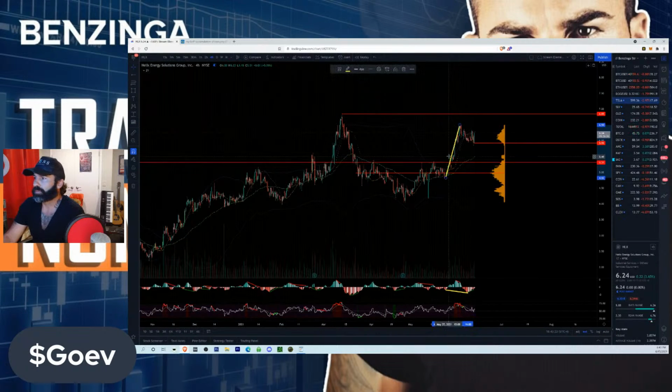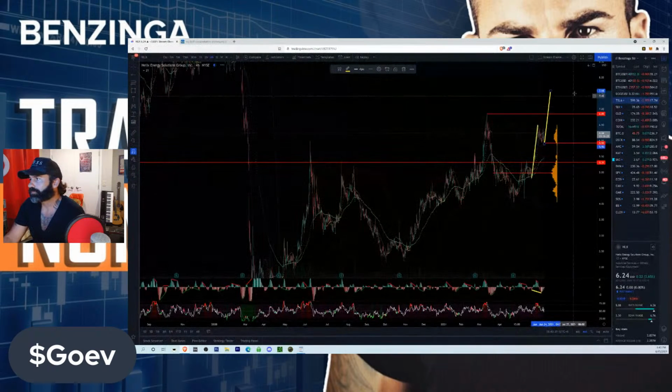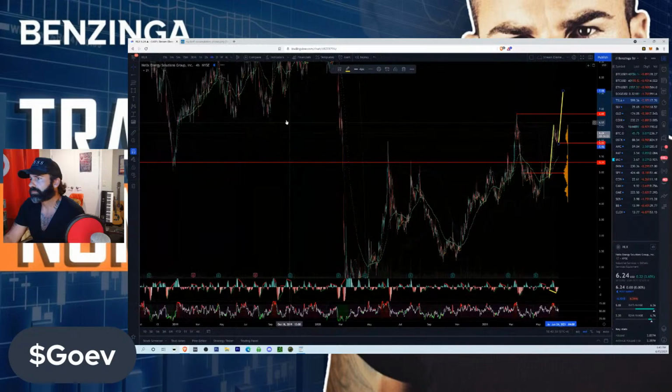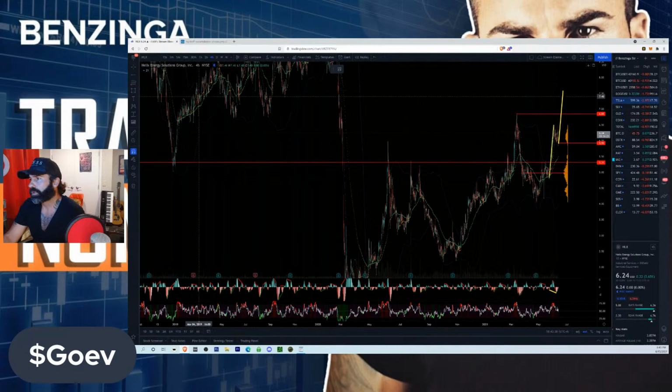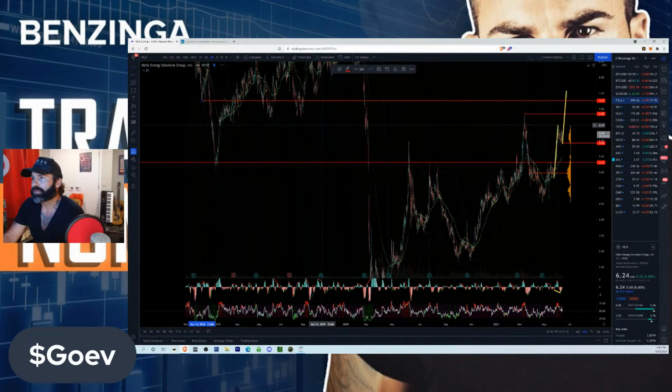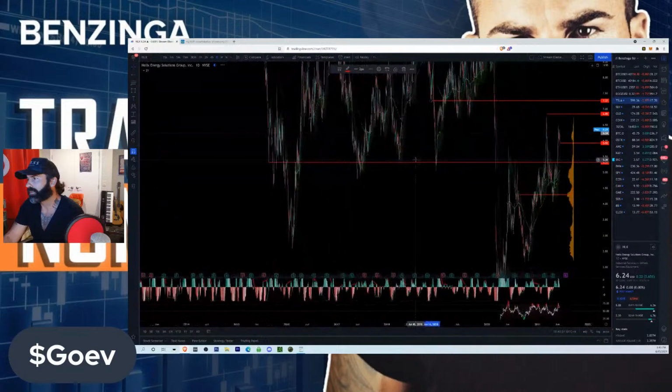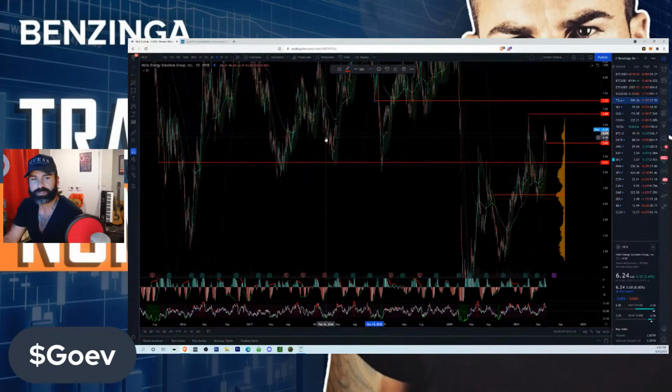But if we were going bull flag, the measured move of the bull flag would bring you right back up into this choppy zone here. Historically on the daily, we might have a little better luck finding this resistance part here.